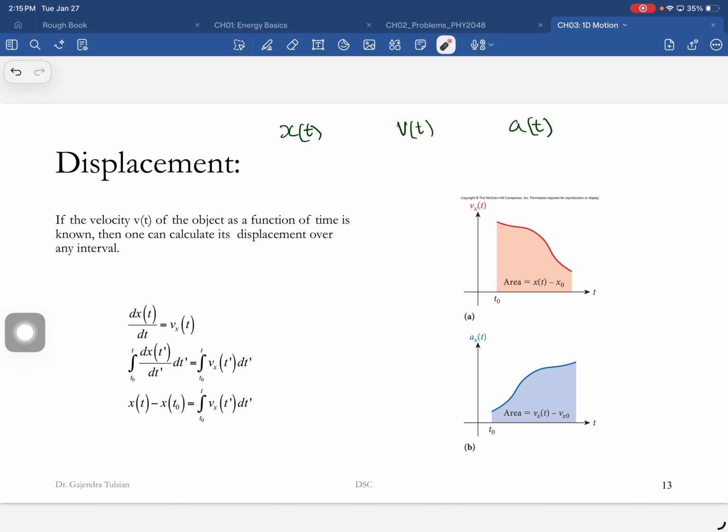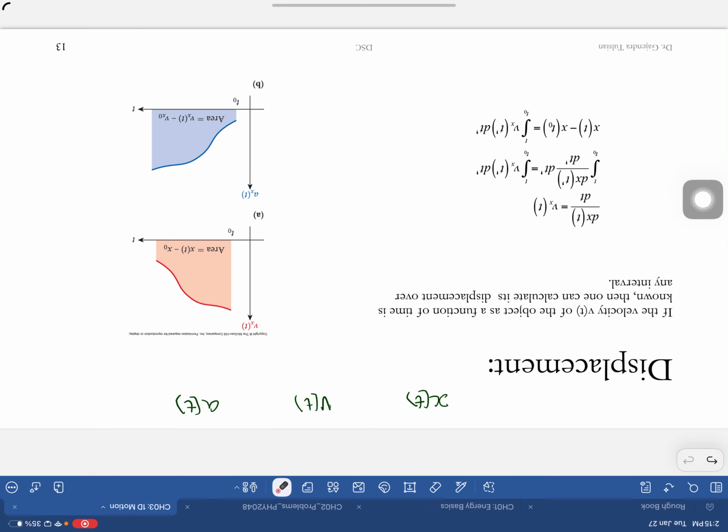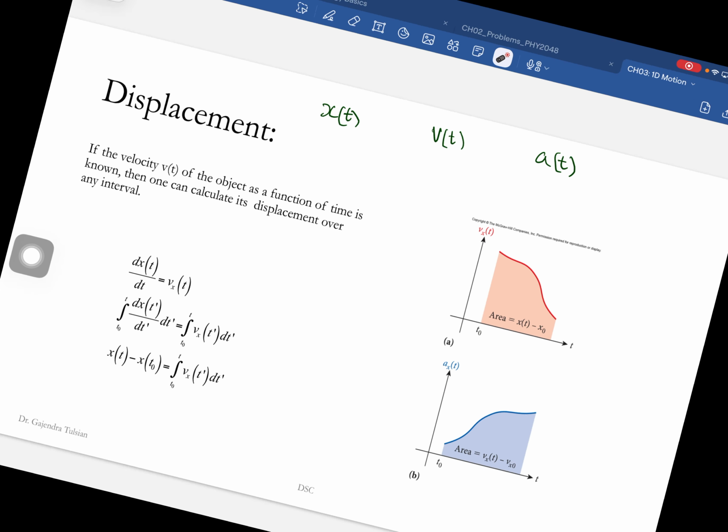So when the acceleration is constant, here is your position as a function of time. x(t) equals x naught, your initial position, plus v naught, your initial velocity, times time, plus 1/2 acceleration times time squared. When the acceleration is constant, position is a quadratic function of time.